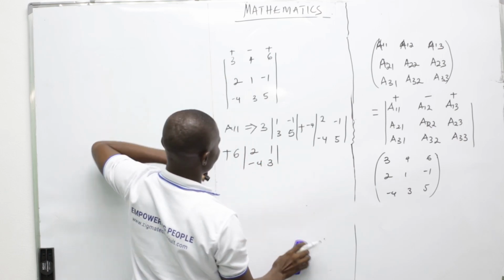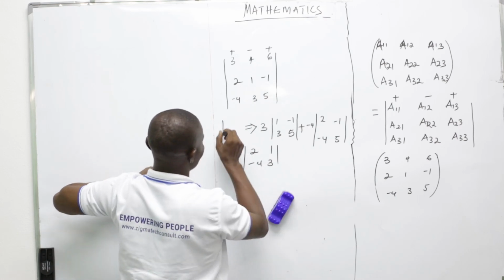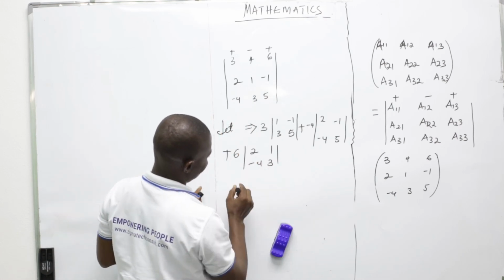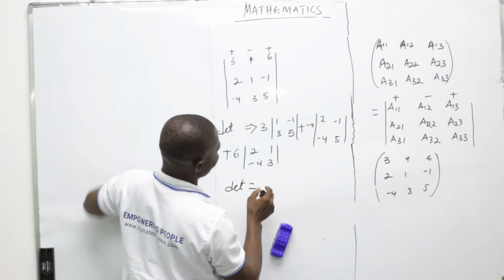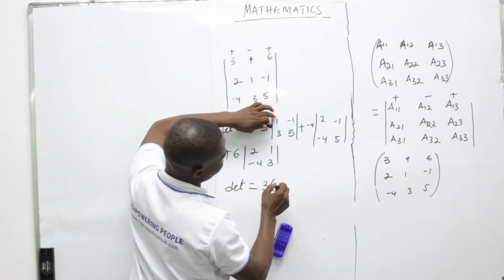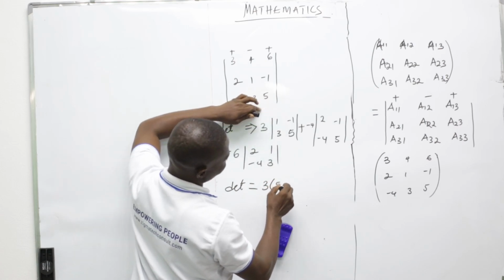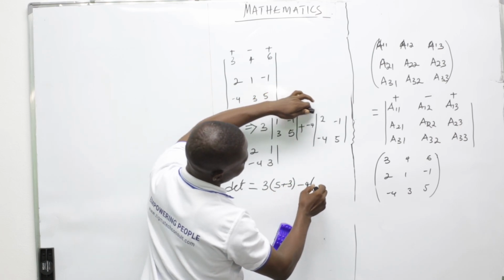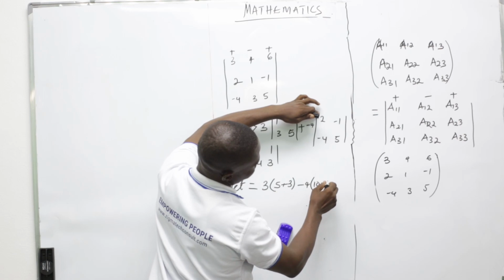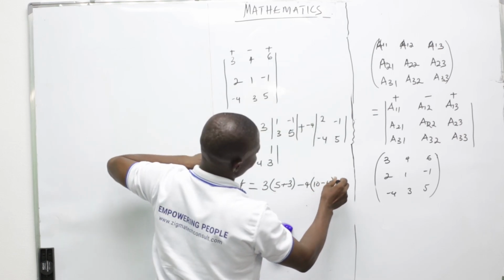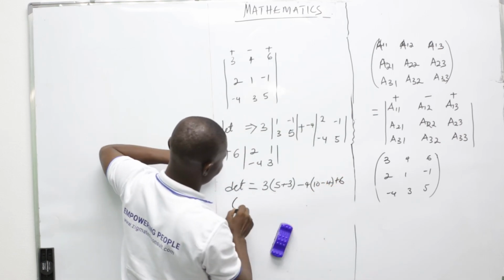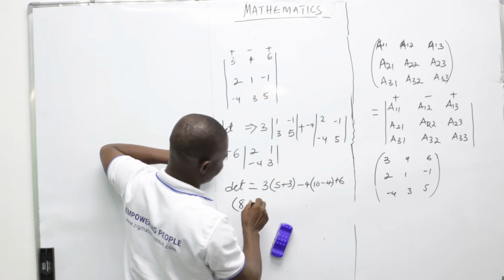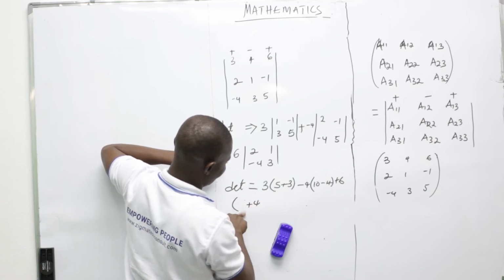This will give us the determinant equals 3 into 5 plus 3, minus 4 into 10 minus 4, plus 6 into 8 plus 4.